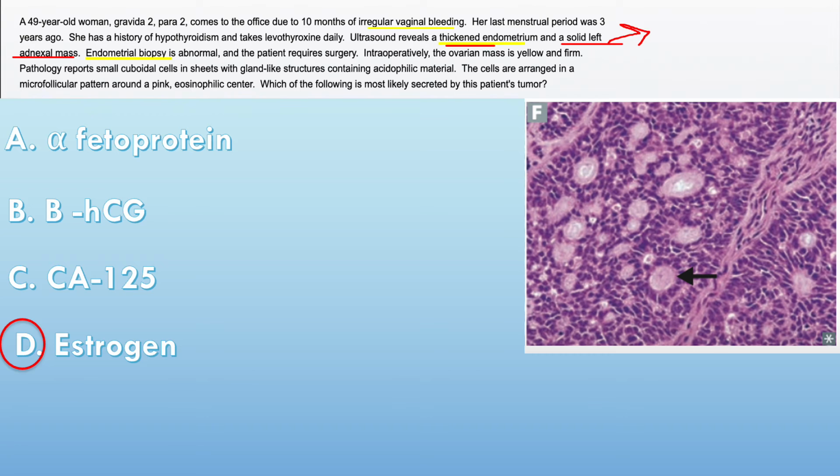But I'm not going to jump to conclusions now. But you can already reach the diagnosis if you stop here. But, well, let's continue. Endometrial biopsy is abnormal, which means there's some sort of dysplasia. So it's not just endometrial thickening, rather it moved to malignant transformation. So up to that point, and the patient requires surgery.